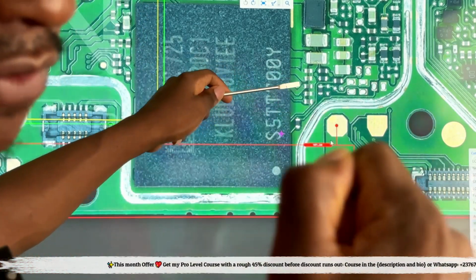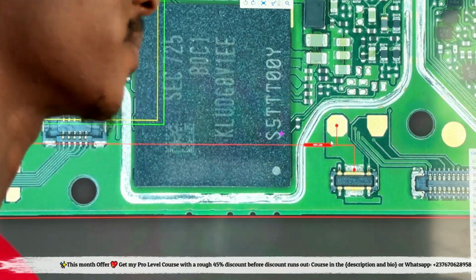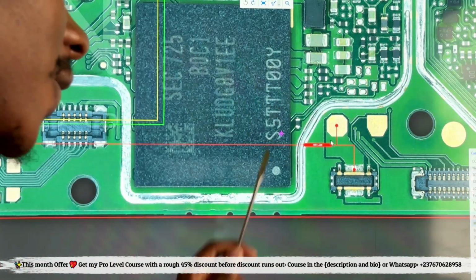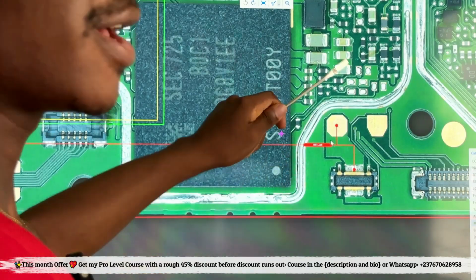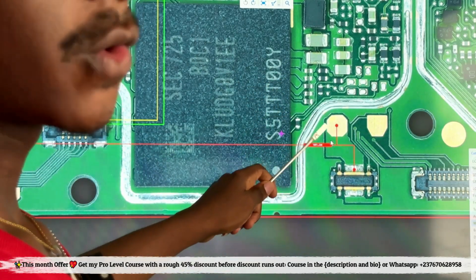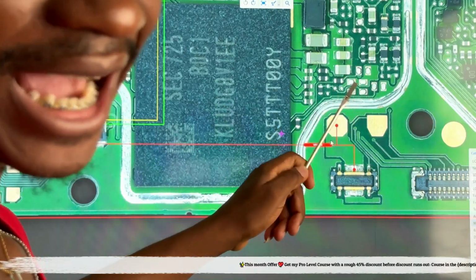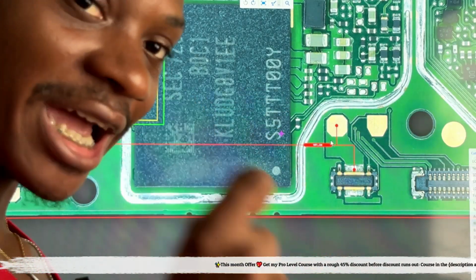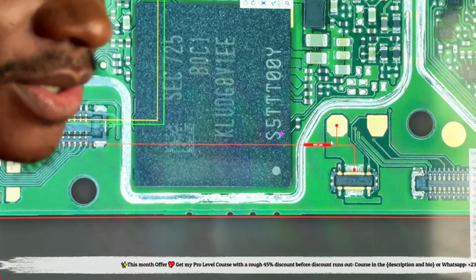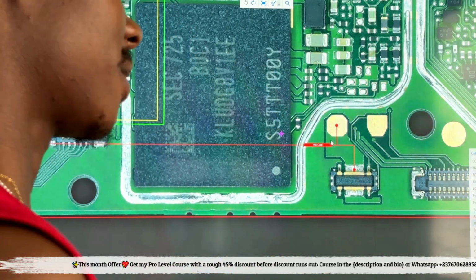You will get the exact voltage that is in the battery. You understand? And that's the main input of this mobile phone. So from here, where does the voltage go to? The voltage goes to the power manager IC or the charging IC, depending on that mobile PCB. Keep that in mind.